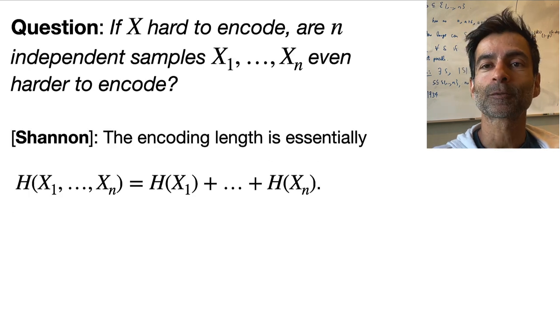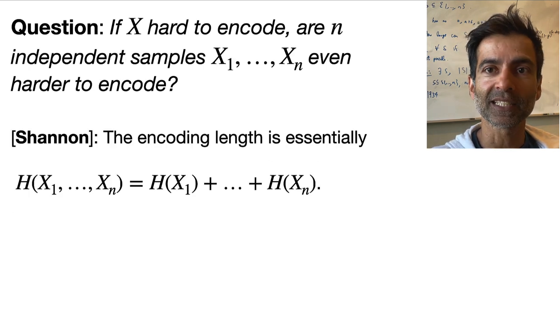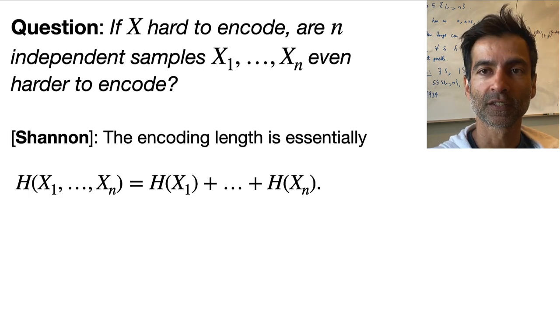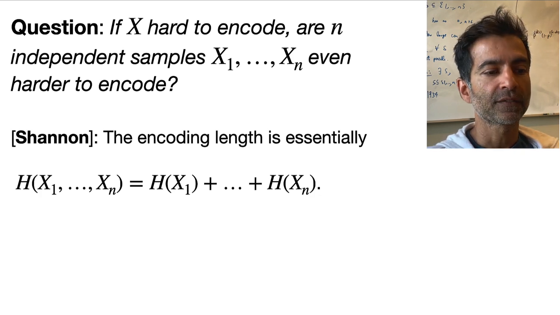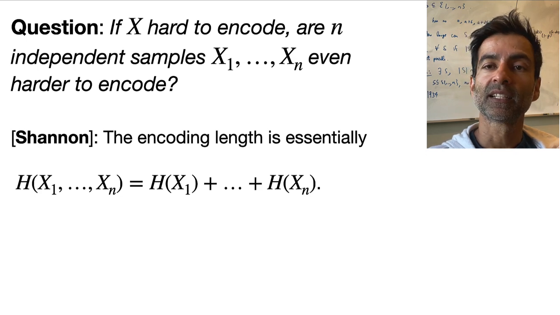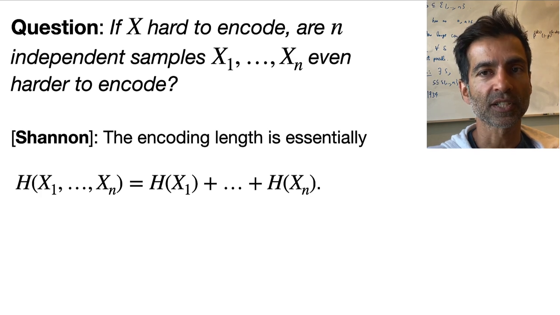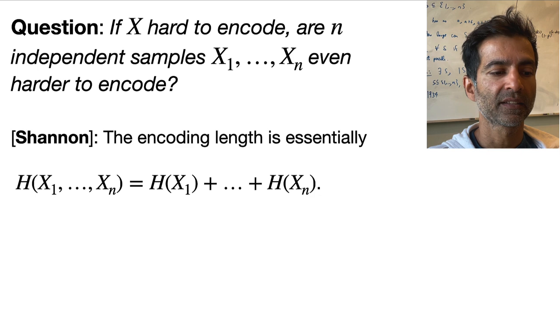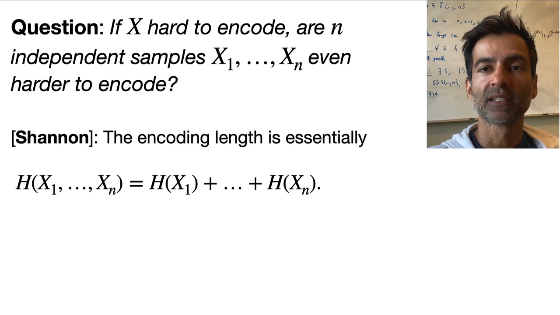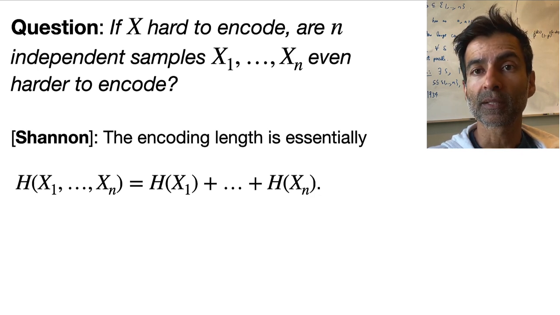A setting where you can ask this question where we understand the answer completely is in the context of sending messages. You can ask, if you have x coming from some distribution and it's hard to encode x, then what can you say about encoding n independent samples from the same distribution? Well, Shannon answered this question completely. The encoding length for the n copies is essentially determined by the entropy of the n copies.